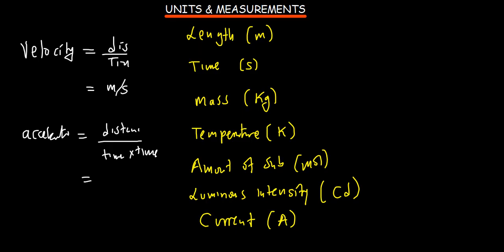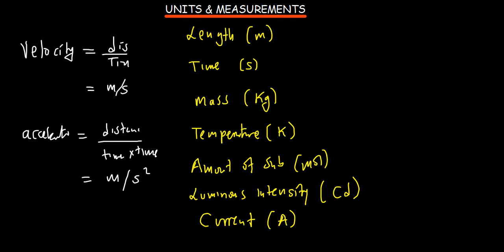So distance is in meters, and then we have got two times there, so it will be second times second, which will be second squared. Of course, if we want to be specific, velocity is not even distance over time, but displacement over time. But we'll talk about that. We are going to understand the difference between velocity and displacement and distance when we talk about vectors and scalars.